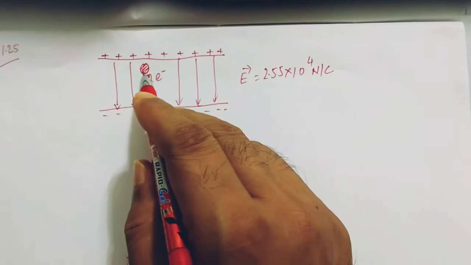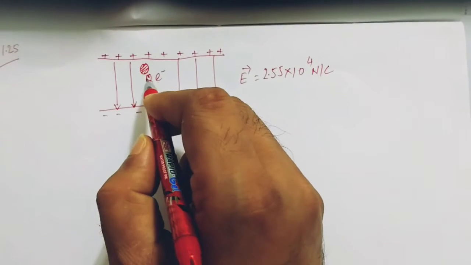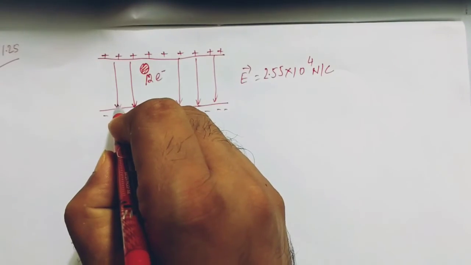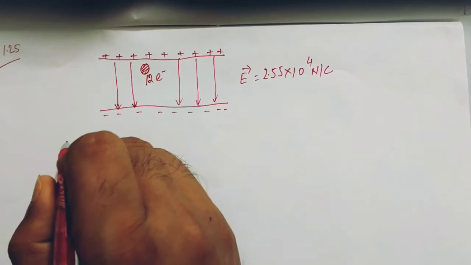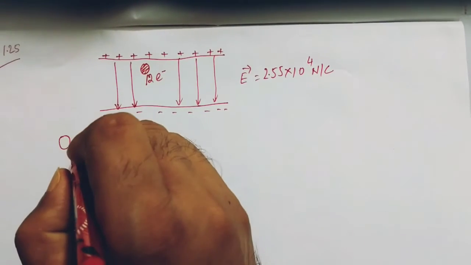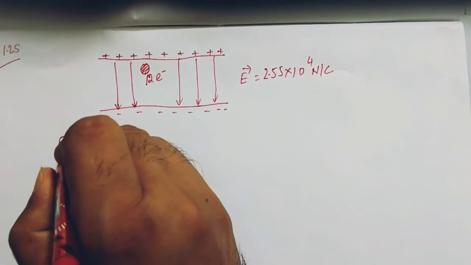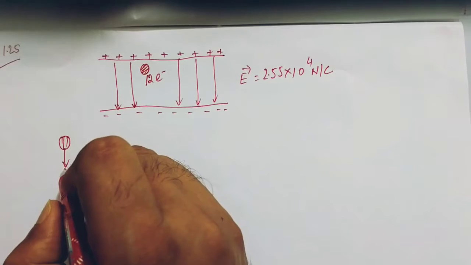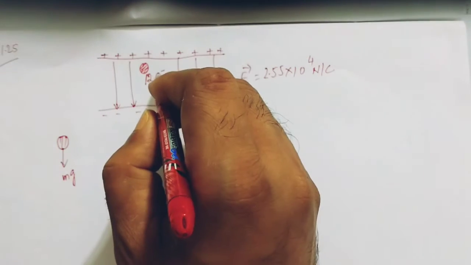So obviously from this, the oil drop will try to fall down due to its own gravity. So the different forces acting on the oil drop are, one is mg, and another is the Coulomb force, since it is negative.